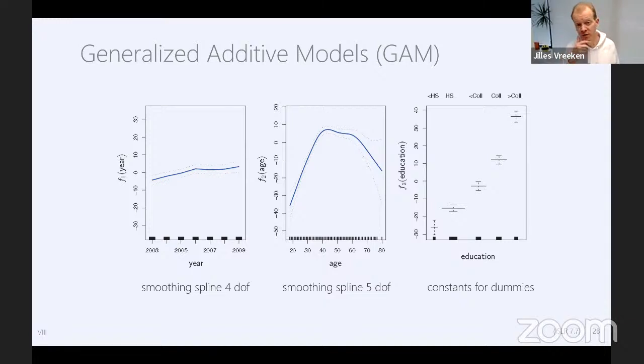Because you know how to fit a linear regression model. That is by now hopefully quite straightforward. But if we are not just fiddling with beta 1, beta 2, beta 3, but actually fiddling with an entire function, and in every learning iteration we can consider a completely different function f1 and at the same time a completely different function f2, and so on and so forth. Wow, that is a lot of freedom.